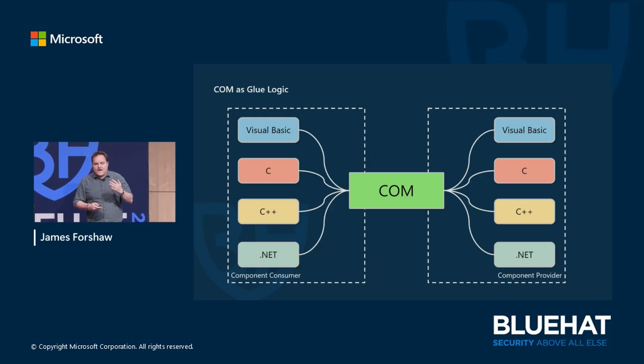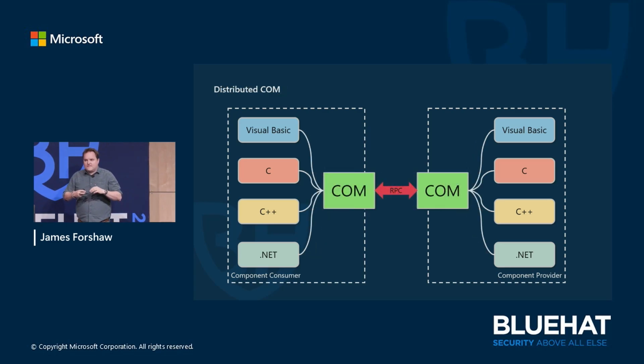But the nice thing about having this fixed ABI is, of course, that transition layer. So potentially on the left-hand side, the component consumer doesn't necessarily know the inner workings of how that component works.